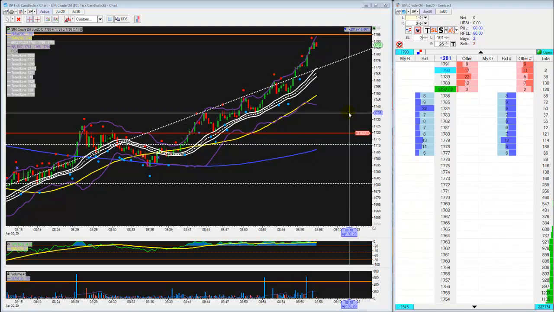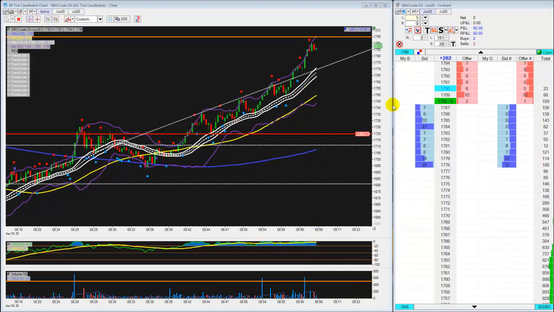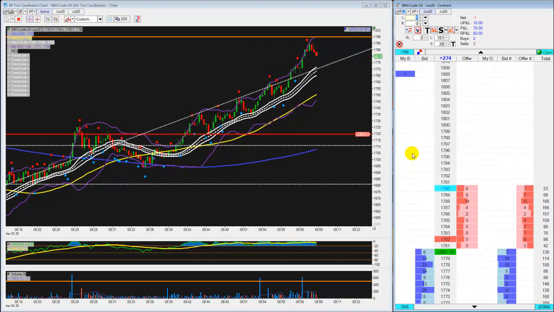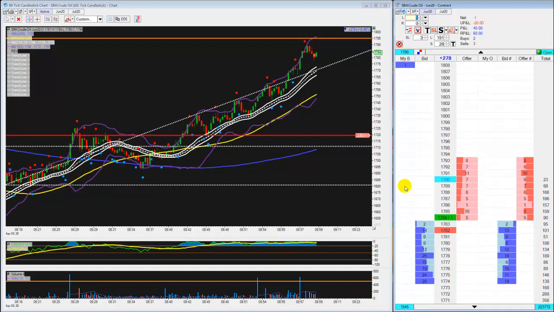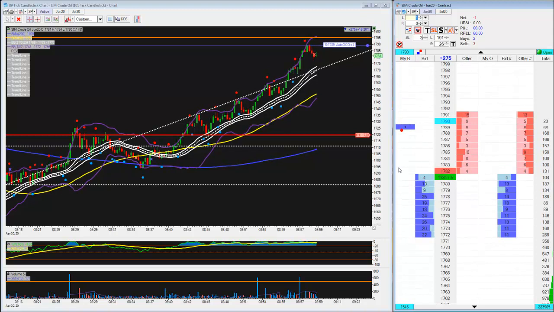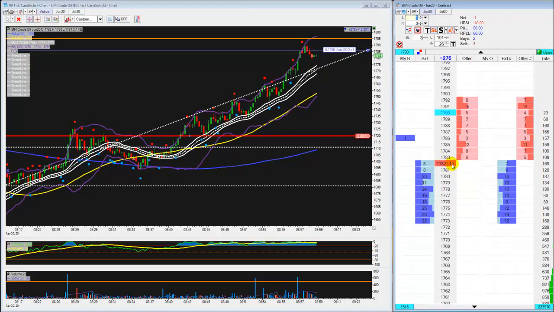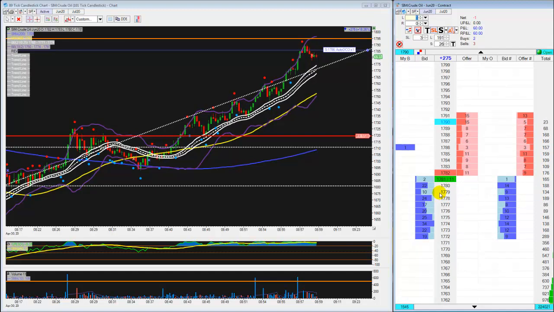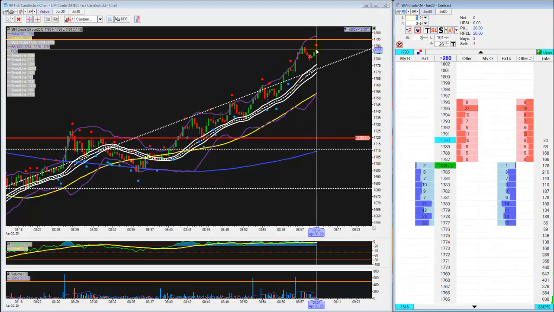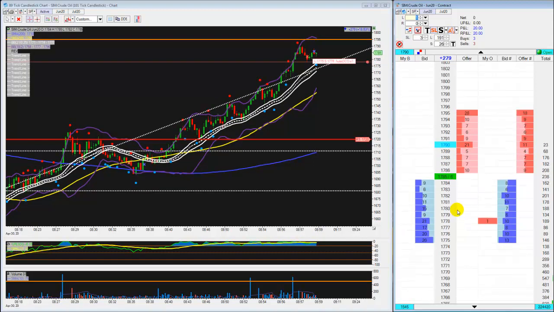1788. 1790. Went up 10 ticks higher. Let's take a shot right here. 1778.